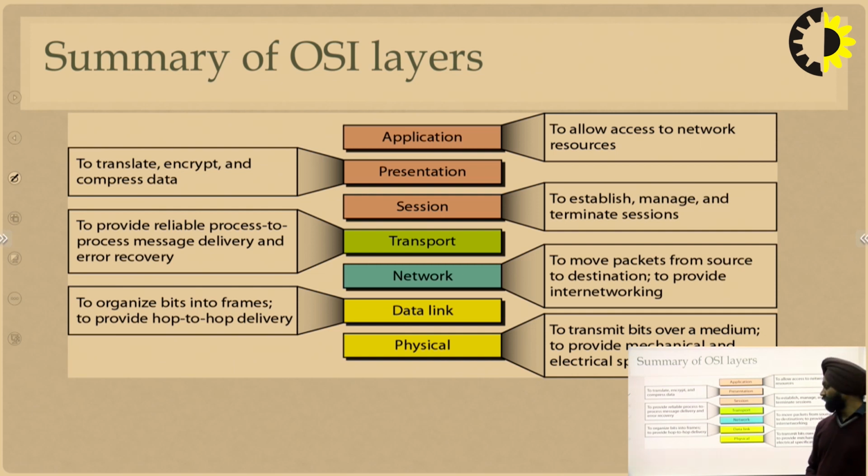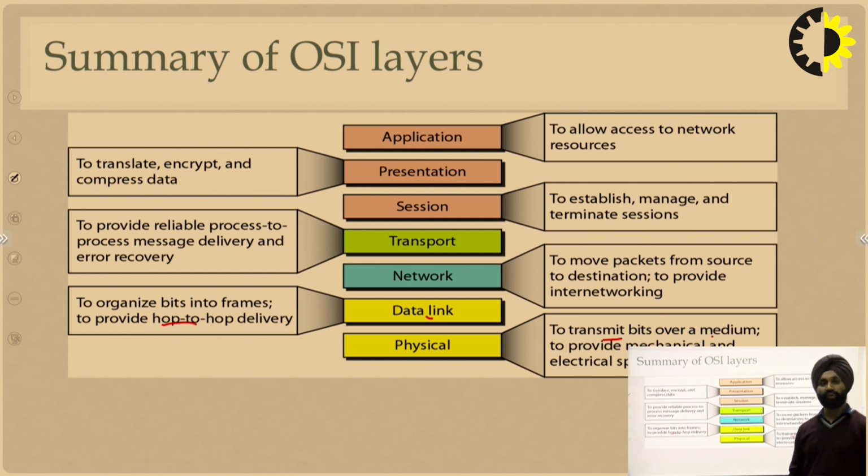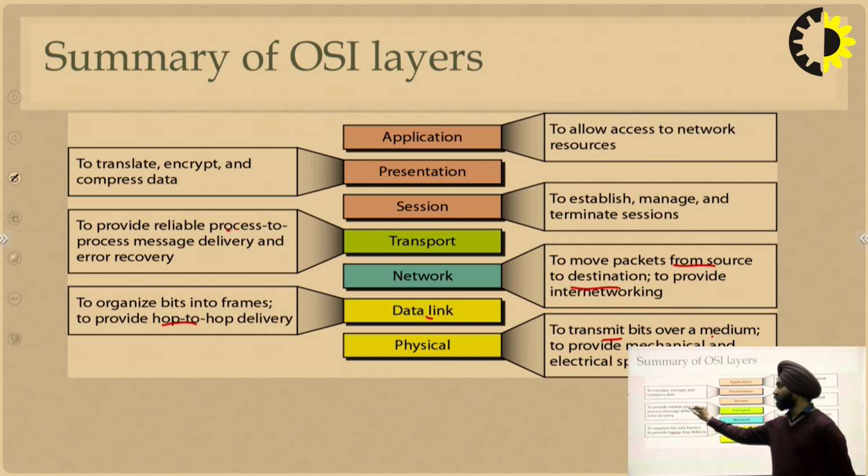The physical layer's main task is to transmit the bits over the medium. The data link layer's main task is to organize bits into frames and transmit from hop to hop, or node to node delivery. The network layer is source to destination delivery. The transport layer's main task is process to process delivery.